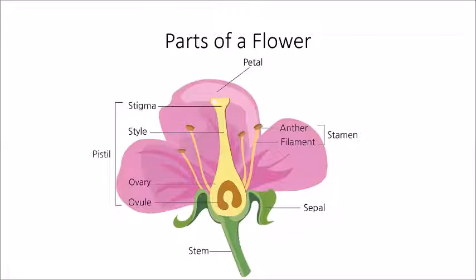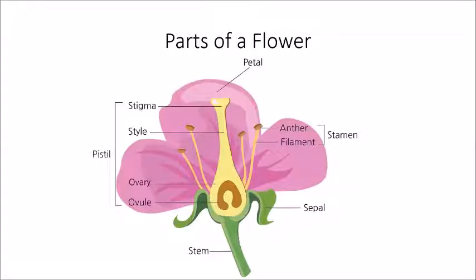In addition to having vibrant colors, petals also sometimes will have a certain smell that is going to further attract different insects. So it's going to have an aroma, and that's going to attract insects to the plant.